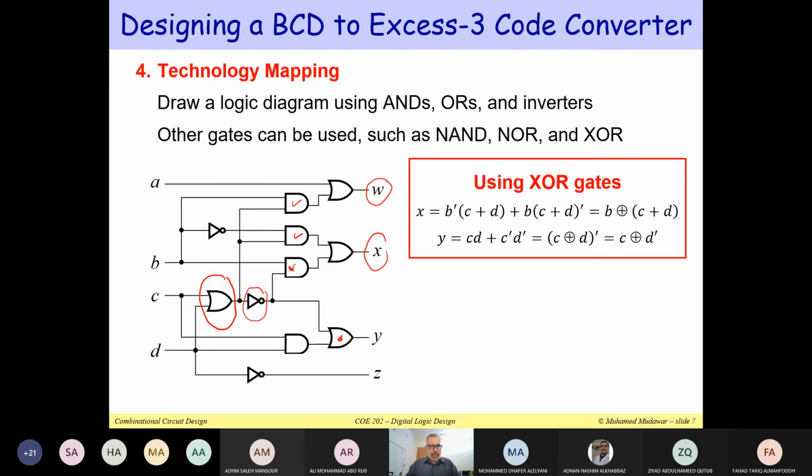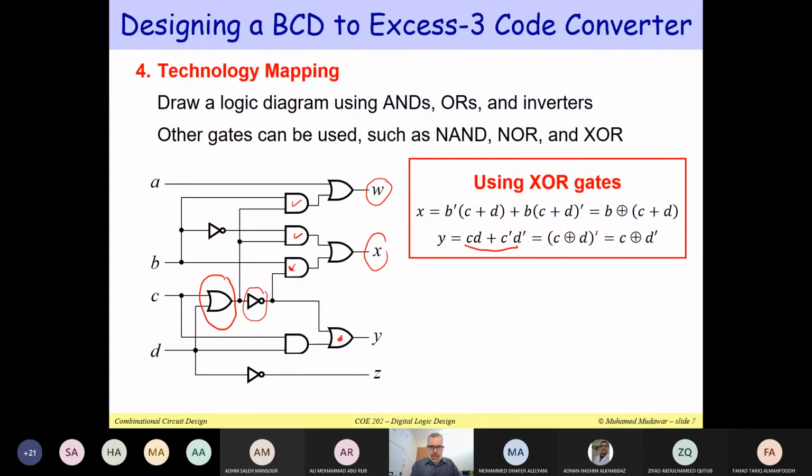For example, we can substitute C or D with a certain term T equal to C or D, and we can XOR B with this term. Therefore we can use the XOR gate. Similarly here, we can use the exclusive NOR.